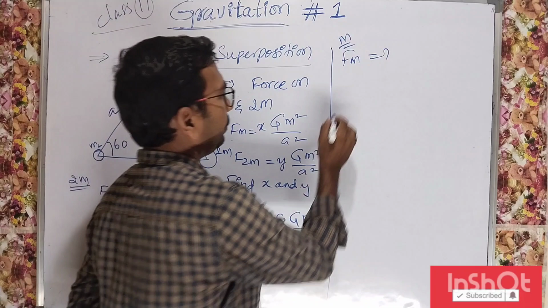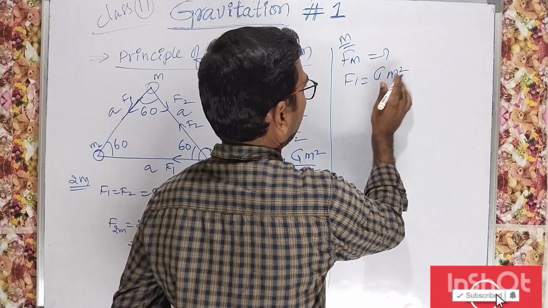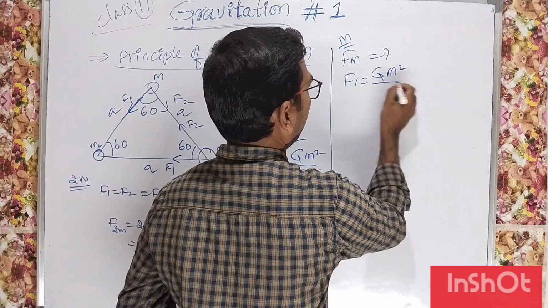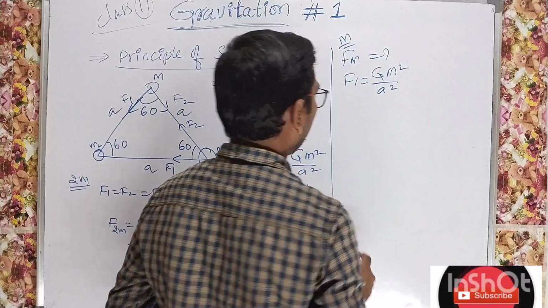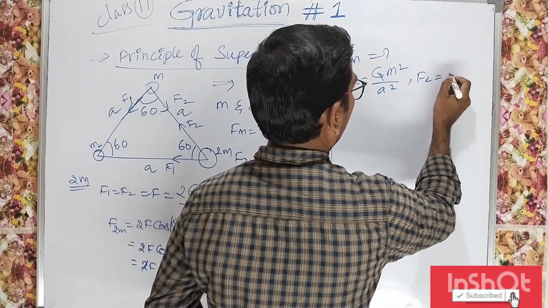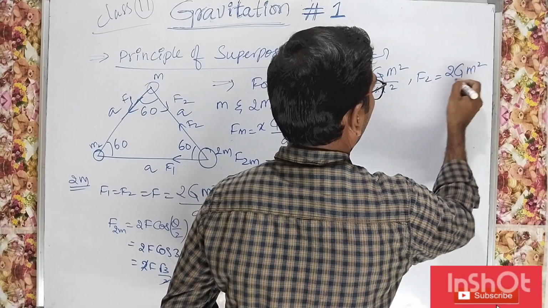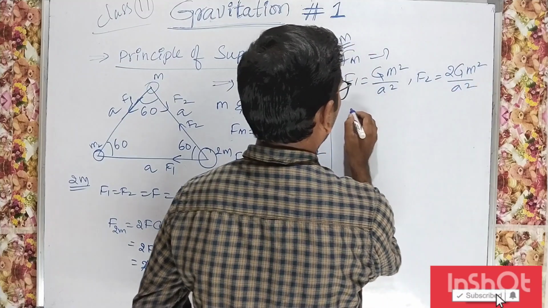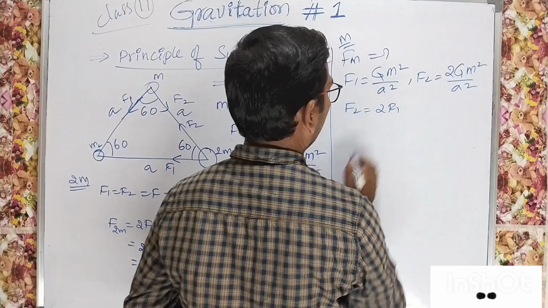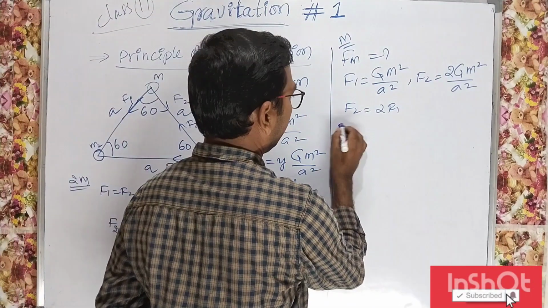So here you can write F1 is equal to capital G m square by a square. What about F2? F2 is equal to 2 capital G m square by a square. So here F2 is equal to 2 times F1. You can find out the net force.